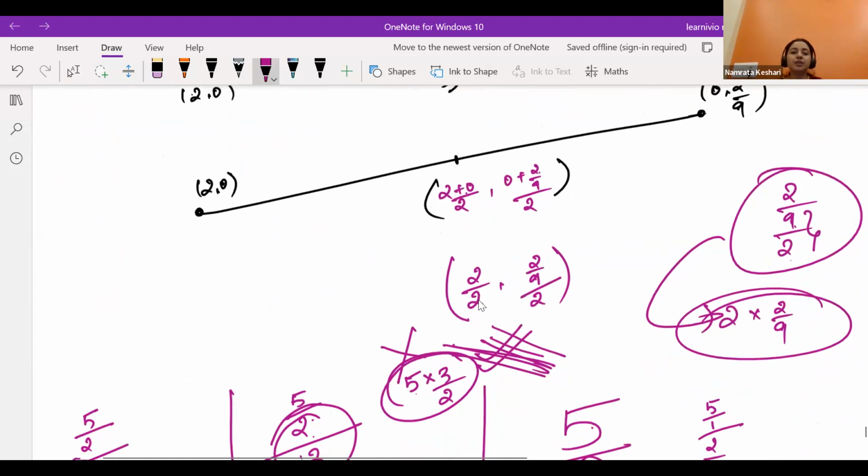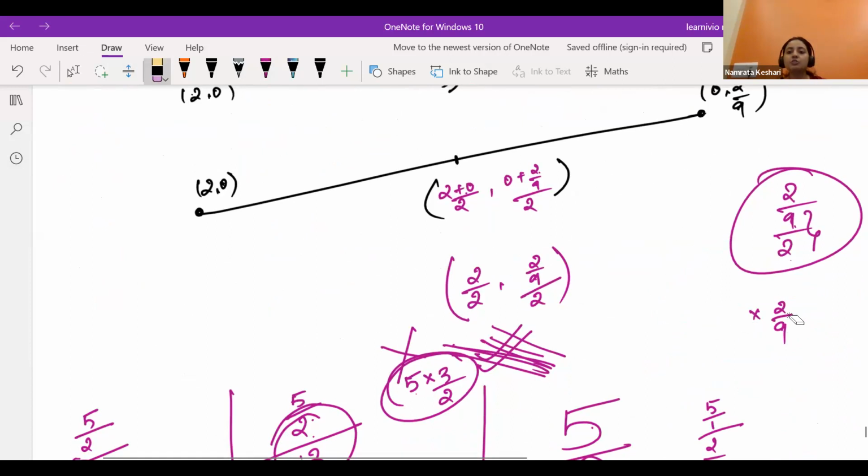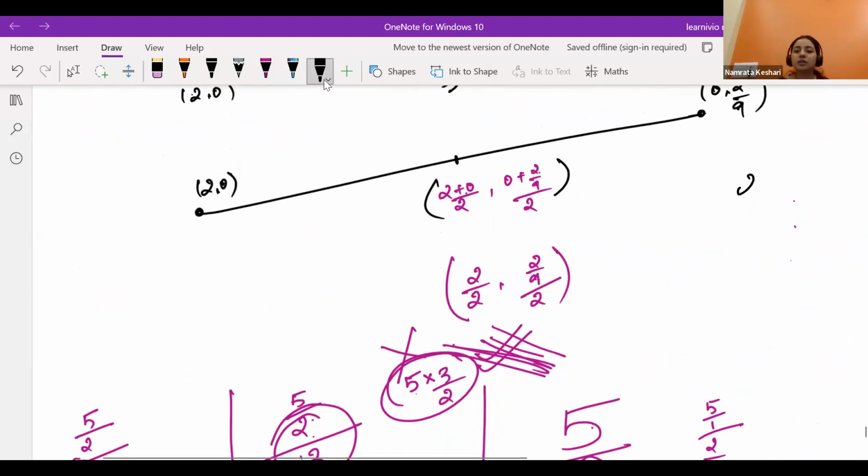So what we were doing, we were finding the midpoint. Here we were having 2 by 9, a fraction term in the numerator, and in the denominator just 2 was there.